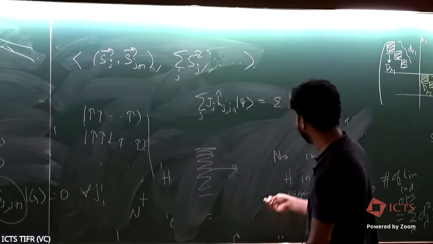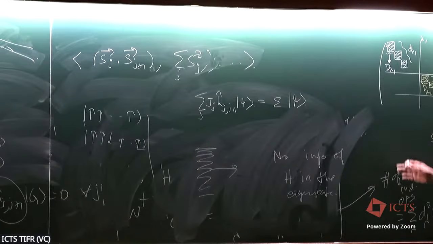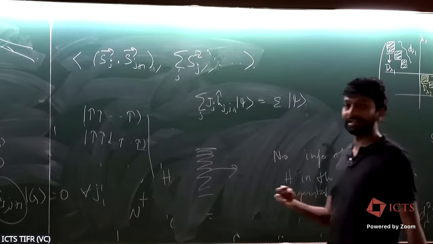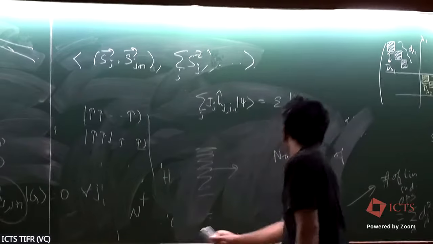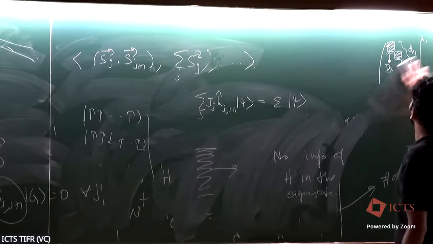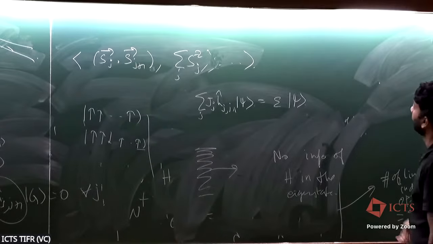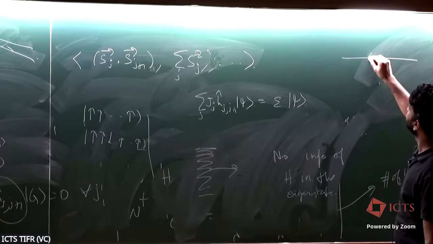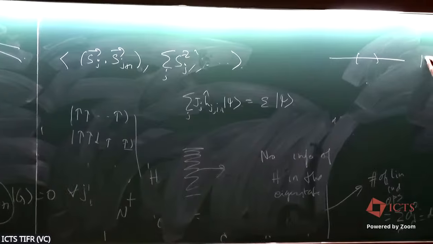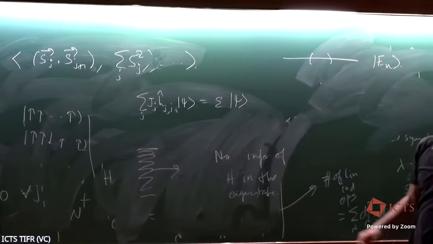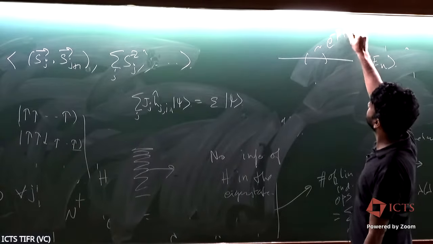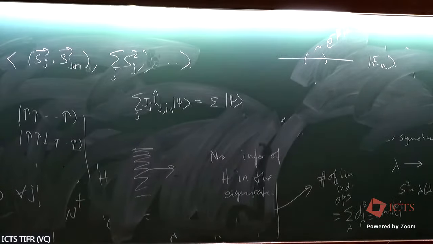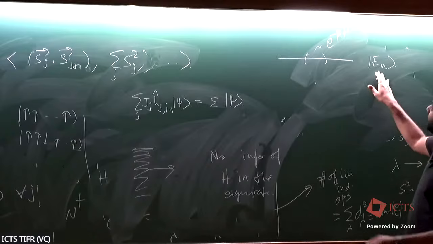This is also related to the eigenstate thermalization hypothesis, which I was describing yesterday. ETH says that if you take eigenstates of Hamiltonians, the reduced density matrix looks like e to the minus beta H. This is the definition of these thermal states.